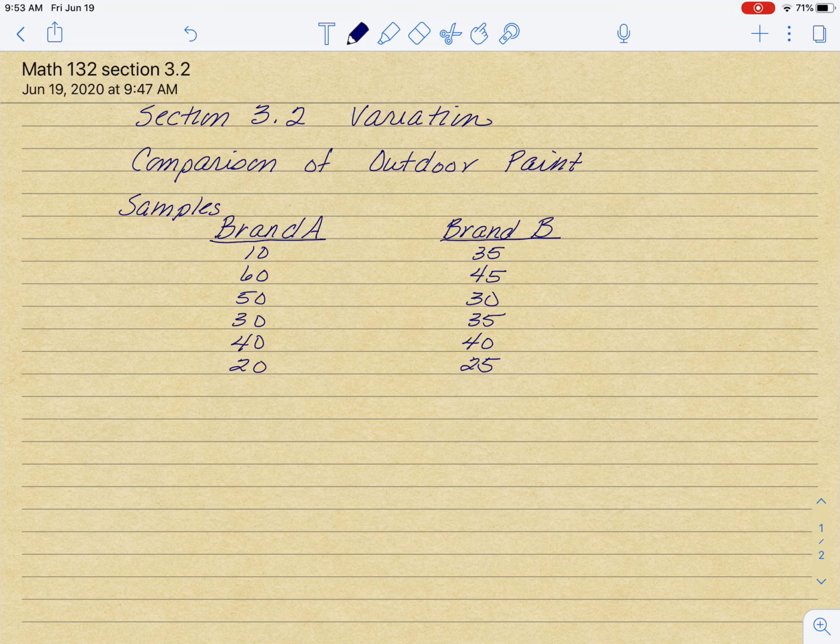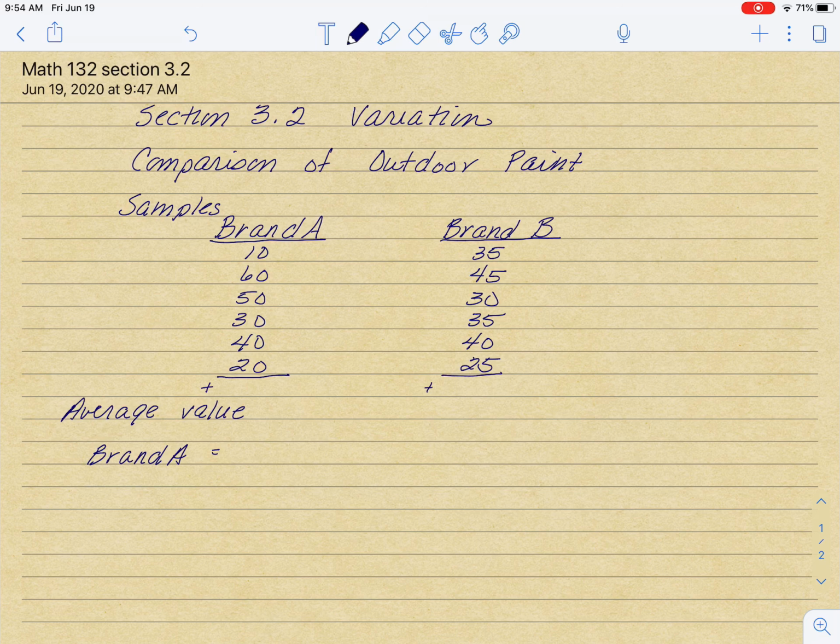So let's go find the average number of months that the paint still looks good. So the average value for each one of these samples. If we look at brand A, what we want to do is add up all those values. We're going to add those up and then divide by 6 because there are 6 samples.